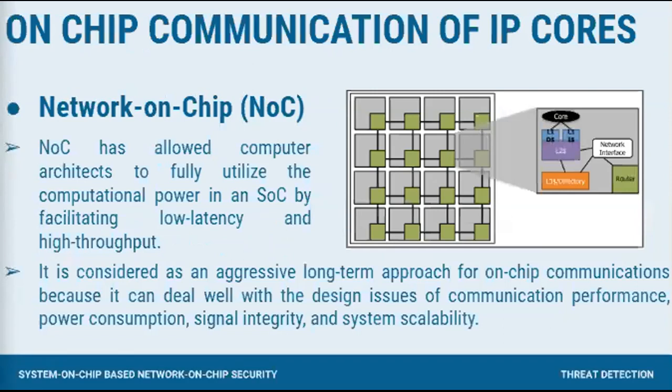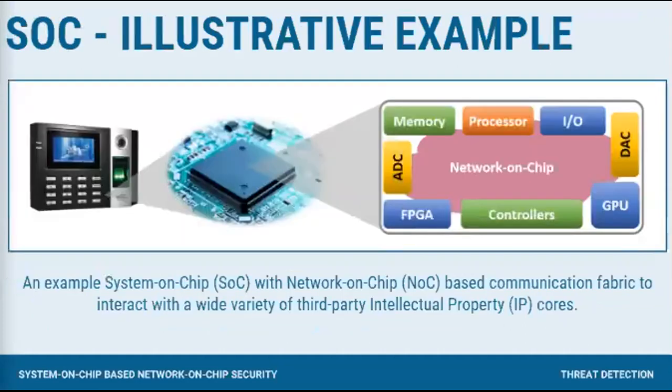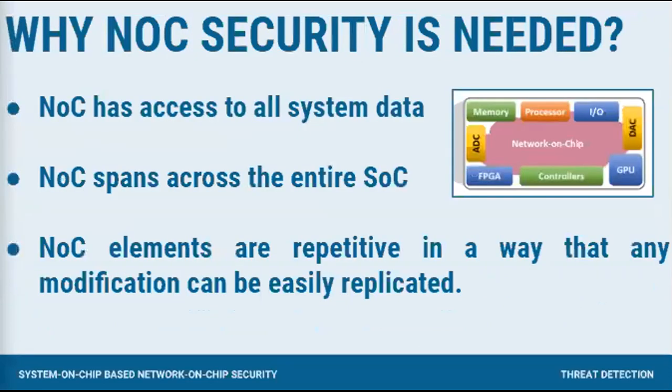There were complexities in system on chips due to the increasing number of cores, and network on chip has allowed computer architects to fully utilize the computational power in a system on chip by facilitating low latency and high throughput as well. This is an illustrative example of a system on chip where the communication is happening through a network on chip. It connects all these IP cores inside a system on chip.